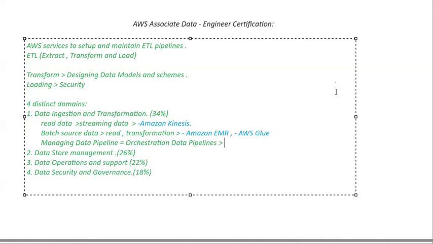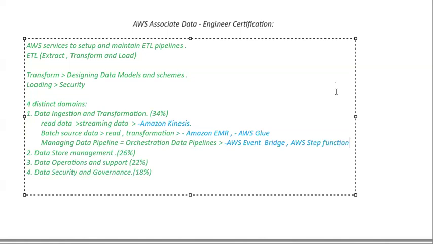So how can you manage these data pipelines? You can manage them by using AWS EventBridge and AWS Step Functions.